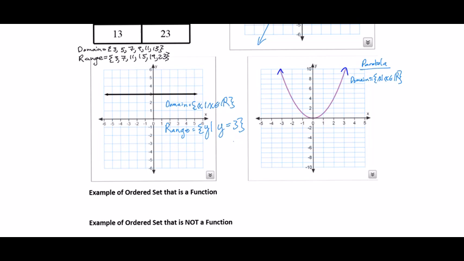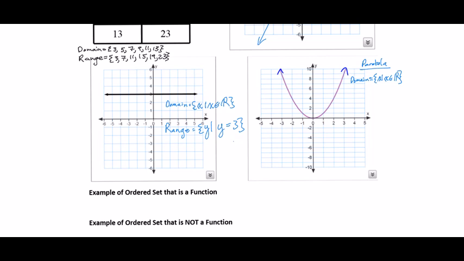So in this case, anytime you have a parabola that's opening up, its range is always defined by either its lowest point or highest point. And in this case, our lowest point is y is 0.